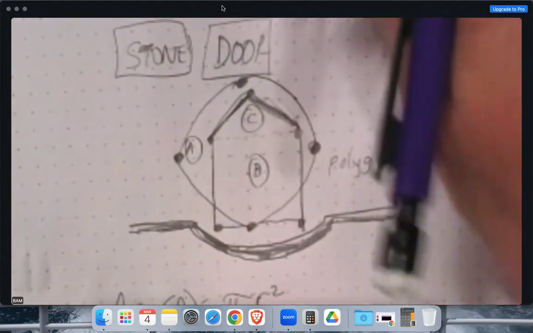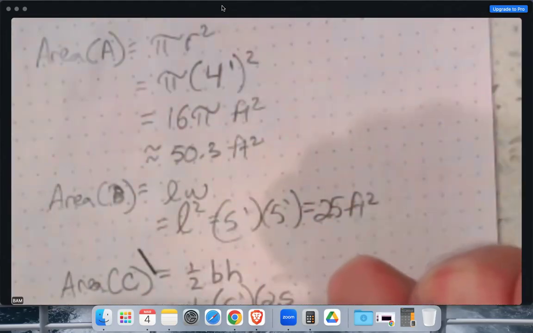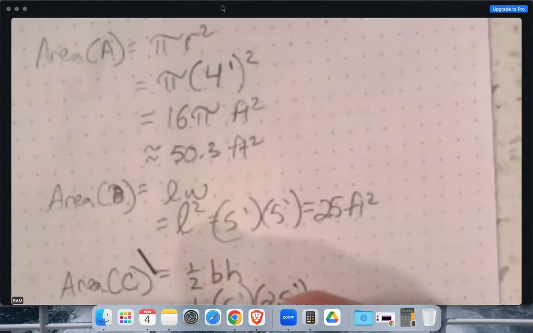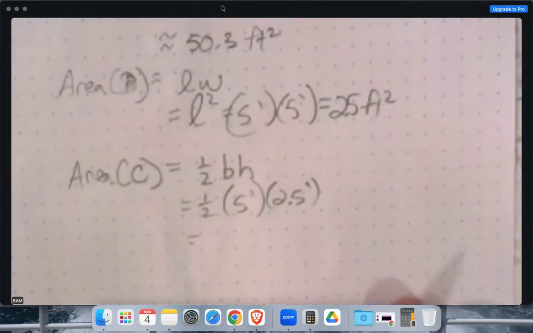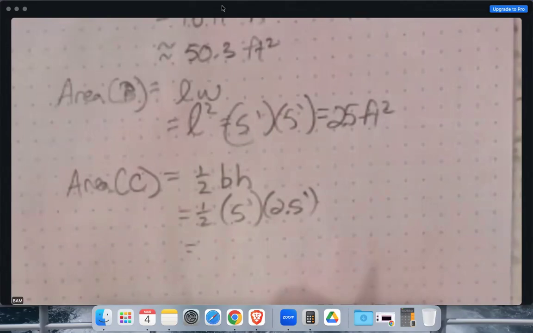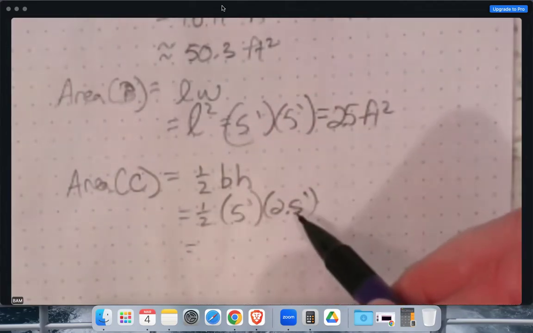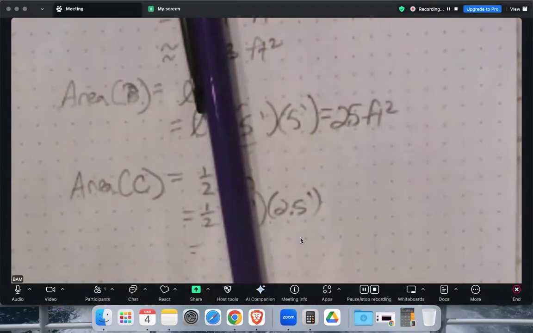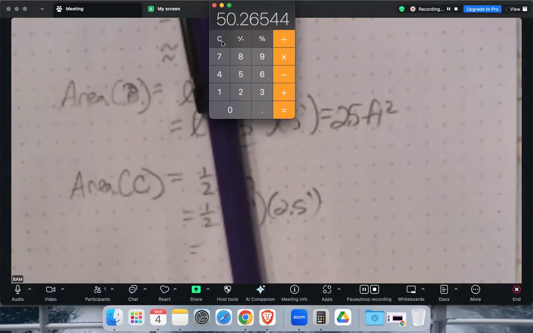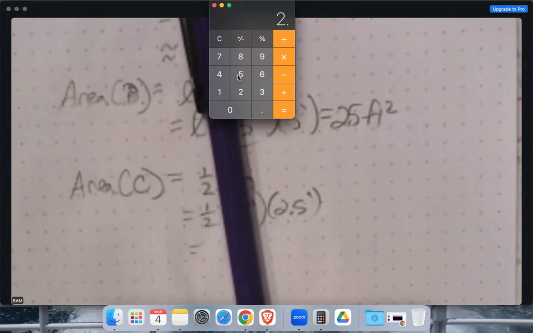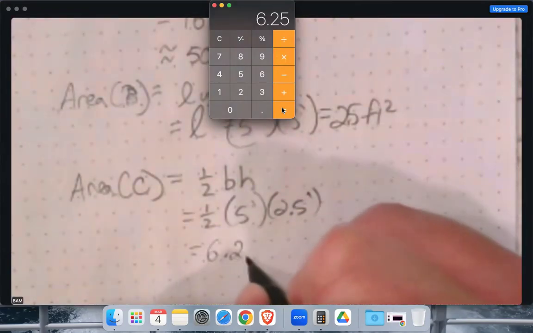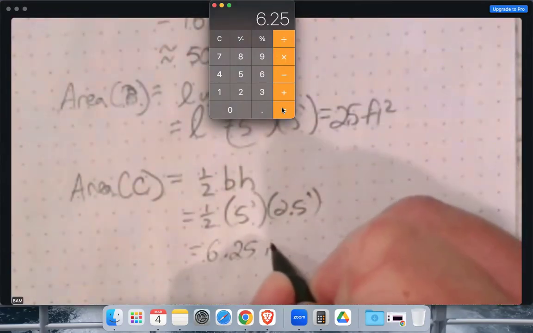So it's 2.5 tall. So the area of the triangular portion is 1/2 times 5 times 2.5, which is 6.25 square feet.